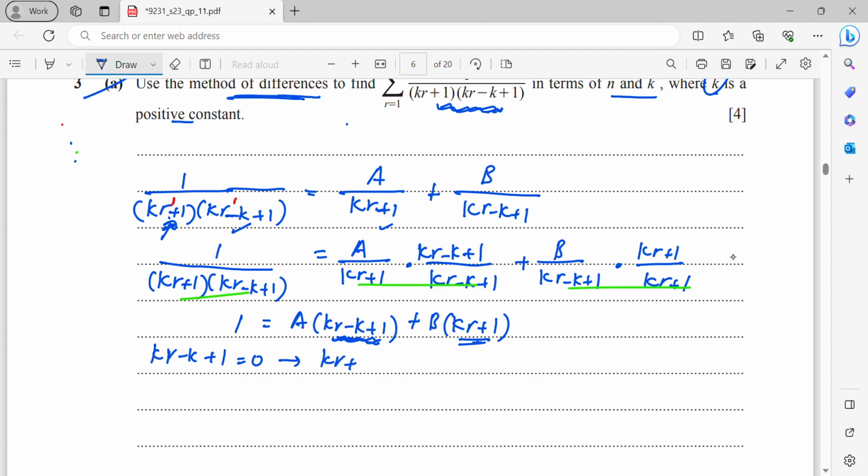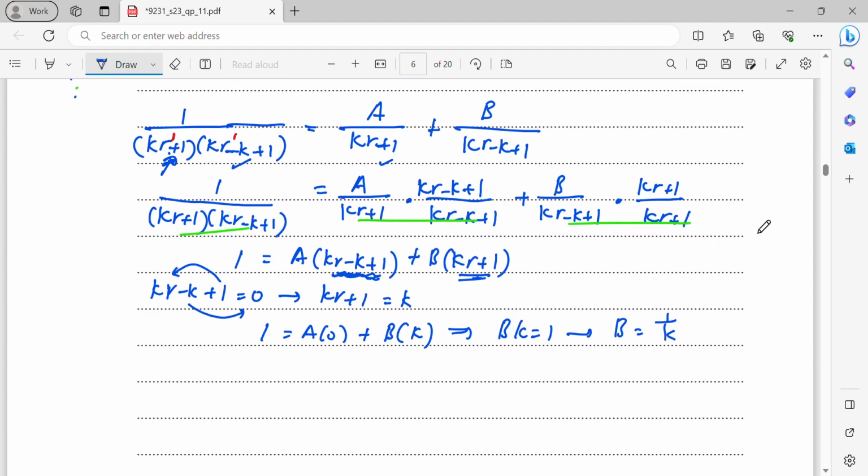So kr plus 1 equals, when I keep this together, this minus k moves to the other side, so I will get k. So now I will write 1 equals a times 0 plus b of k. Okay, then bk is 1, which means my b is 1 over k.